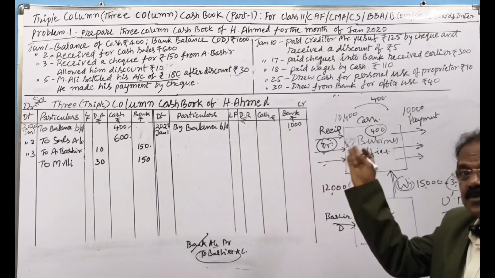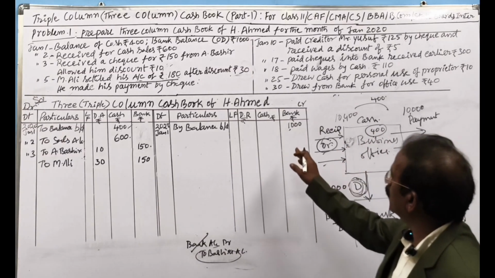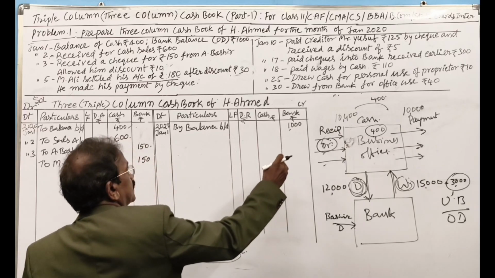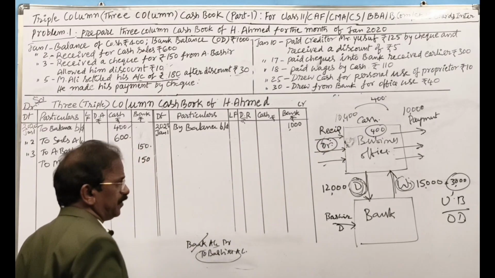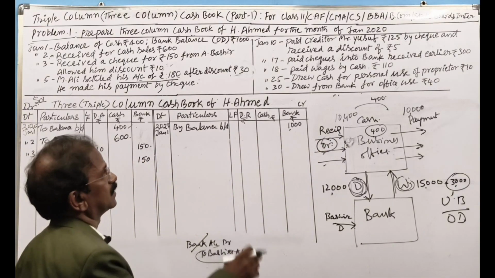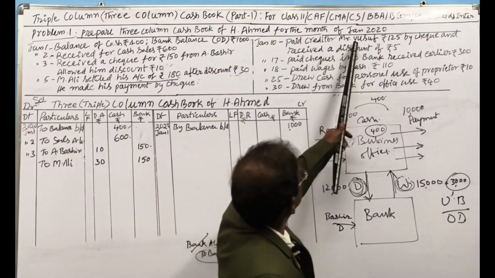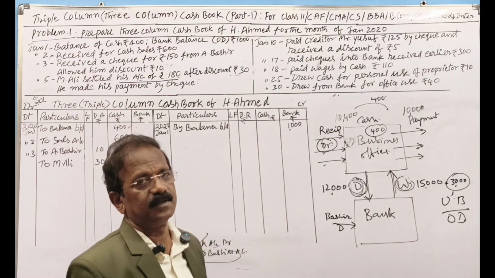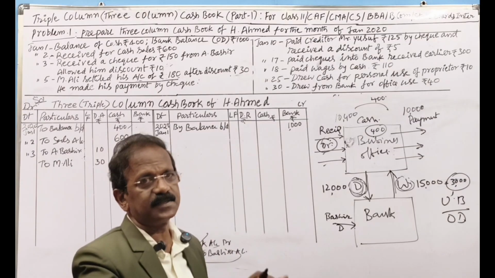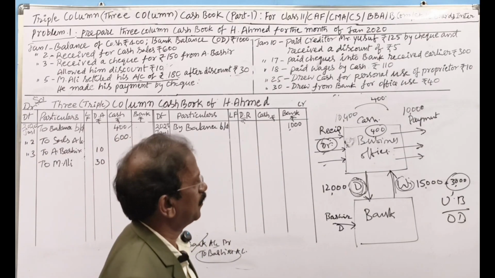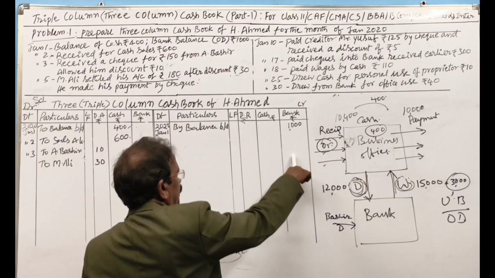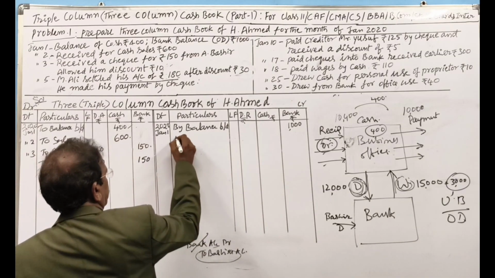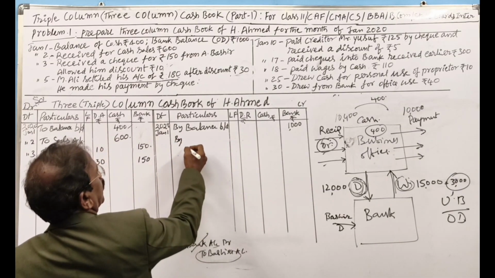Since bank amount is going out, we should record on the credit side of the bank. This is just like a withdrawal. We did not withdraw, but this person, Mr. Yusuf, goes to our bank and withdraws the amount. Anyhow, our bank balance decreases. When our bank balance decreases, we should record on the credit side. What should we write? By, to whom you are paying?